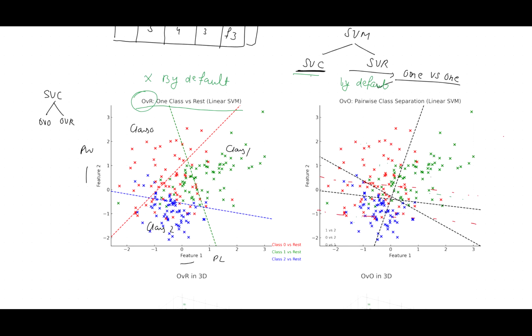Here, what will it do? Let's say the first time it picks up class 1. When it picks up class 1, it will draw this boundary. So it will separate the green class from the other two classes. And when it picks up class 0, this one, it will draw this boundary. So it will separate the green and blue classes from the red one.